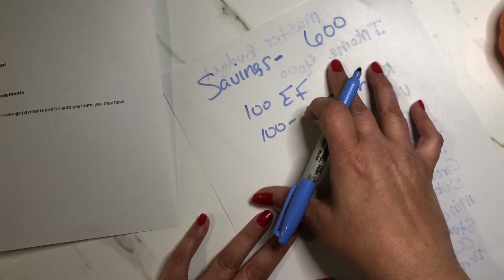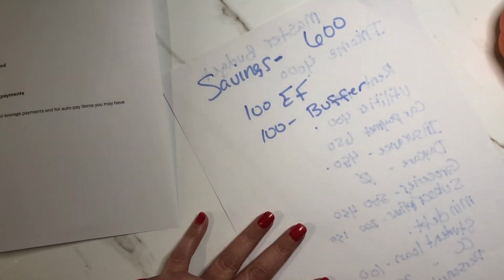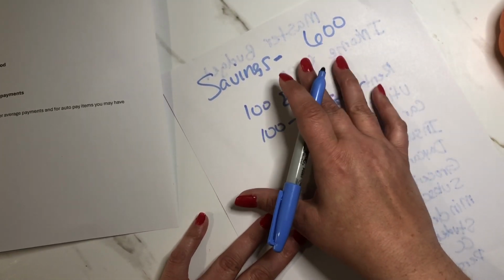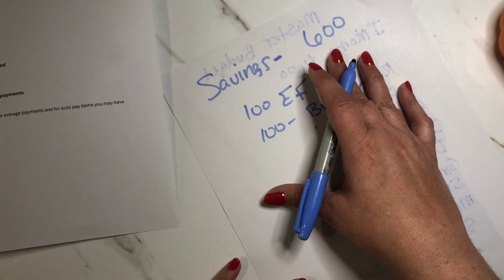It doesn't have to be $100, but you want to leave something in there, so that if something small, like a $5 iPhone charge for iCloud storage, comes up and you forgot to write it down, you don't get a $30 returned check fee. That is horrifying. I've been there. You don't want that. So we want to leave either $50 or $100 or some kind of buffer. As much as you're comfortable with, leave some sort of buffer in there every single month.